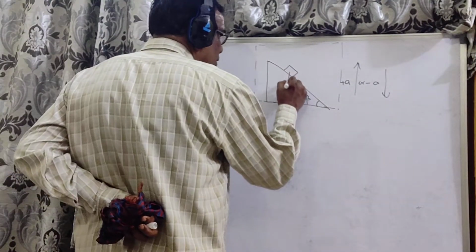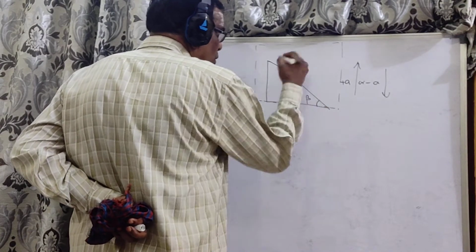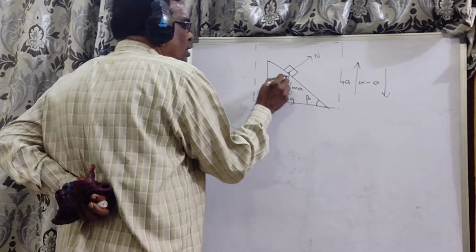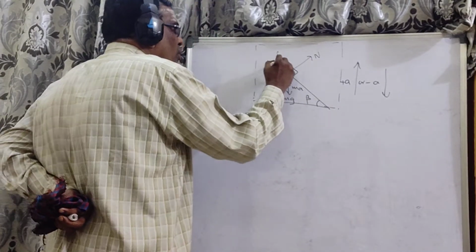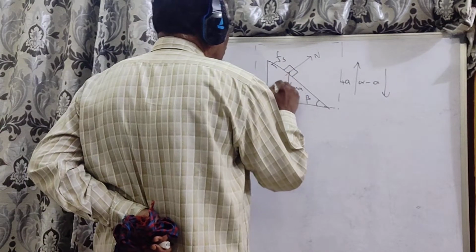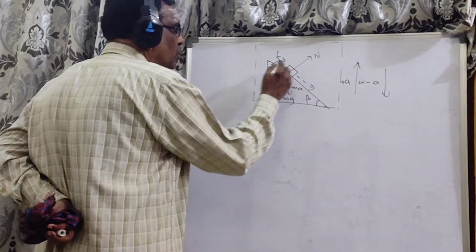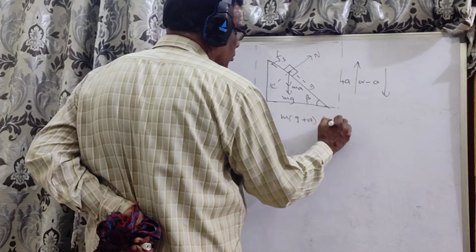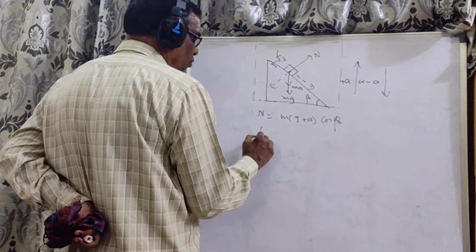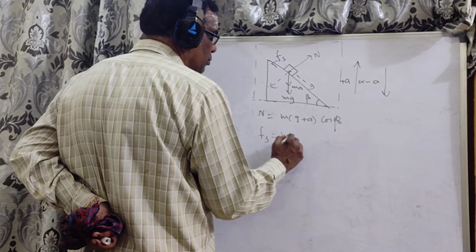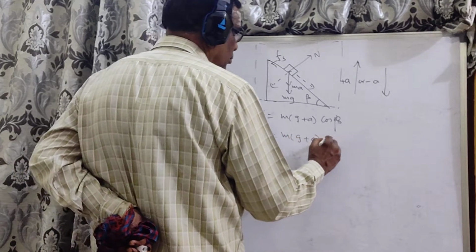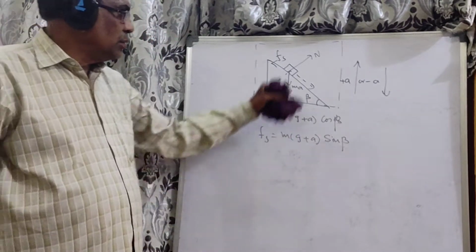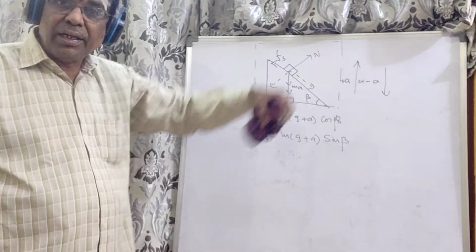In which case, pseudo force if I take ma, this is N, tendency to move like this, therefore, static frictional force upwards. As before, if you do, N is equal to, Fs is equal to, sin beta. This if it is accelerating up or retarding down.